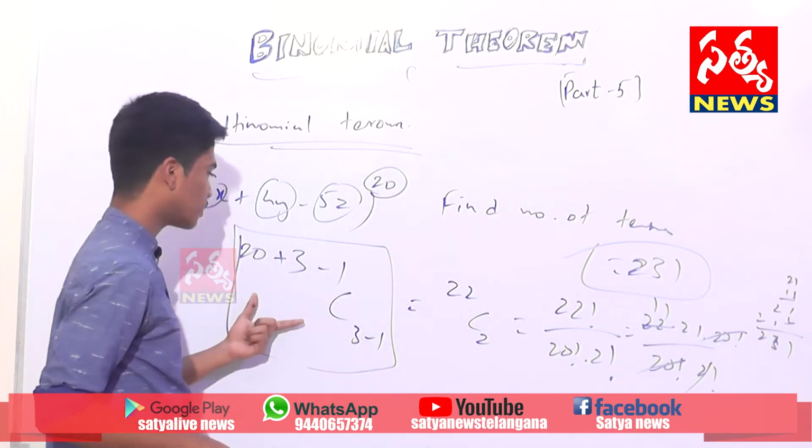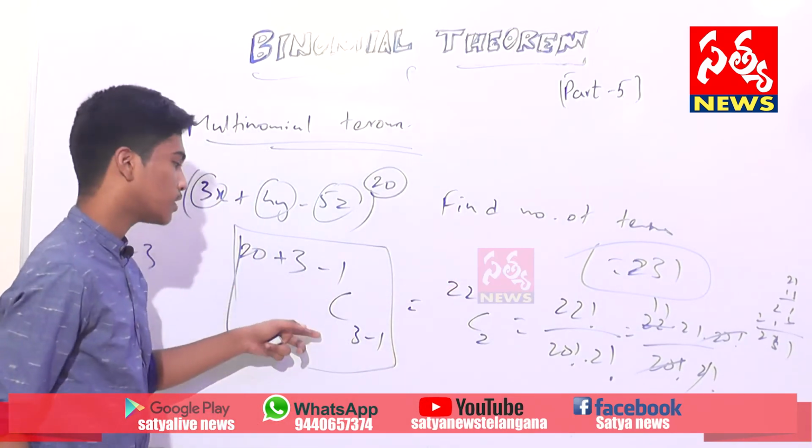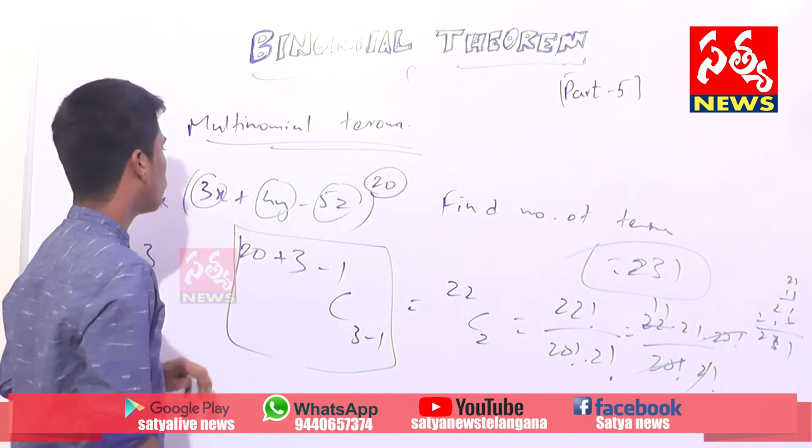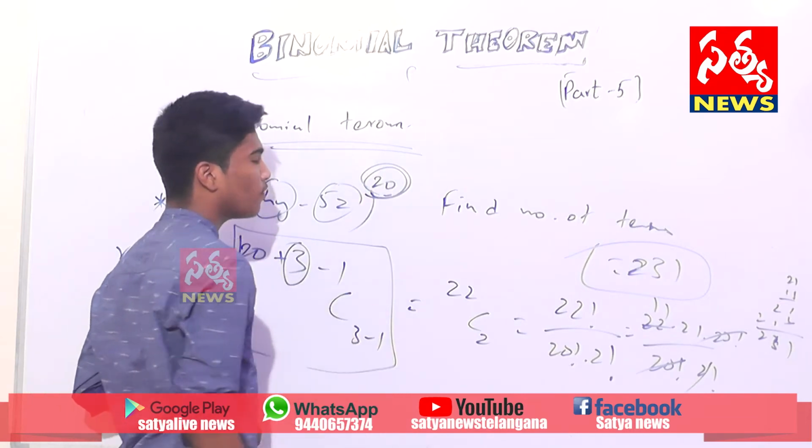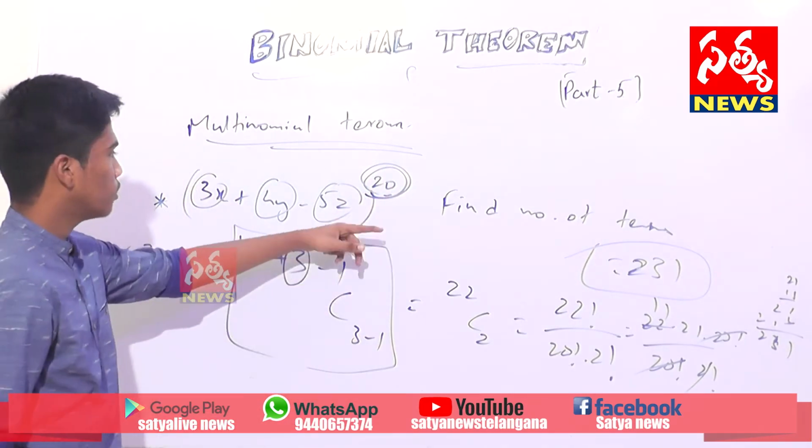I am simply using the formula n plus r minus 1 C r minus 1. The only thing you have to find is the value of r and identify the value of n. n is the power.